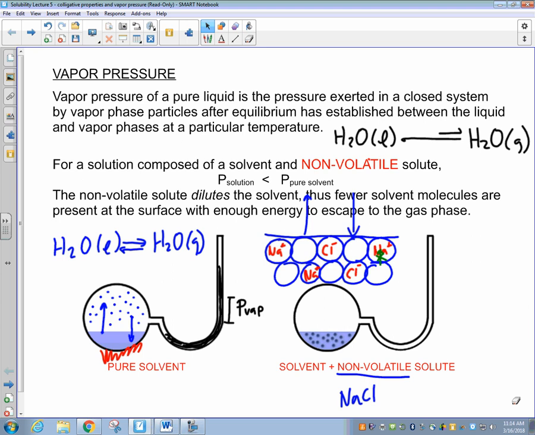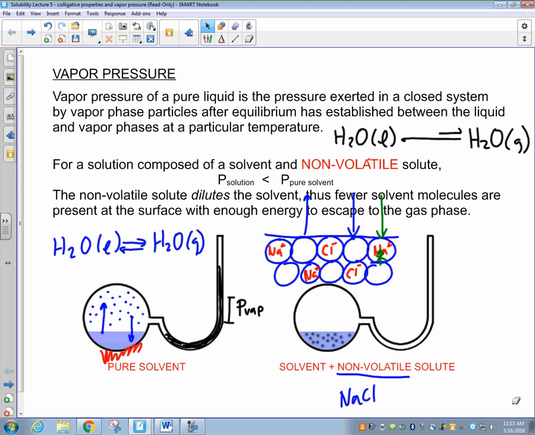The key idea to understand here is that although the rate of evaporation has decreased, the rate at which water molecules can return from the gas phase into the liquid phase is unaffected, because a gas phase molecule can still be attached to the surface. It doesn't need to get past a sodium ion or a chloride ion to become part of the liquid. It essentially becomes the surface itself. So in essence, the net effect is to decrease the rate of evaporation while maintaining the same rate of condensation.